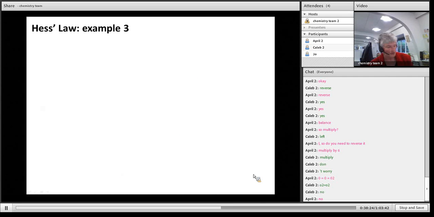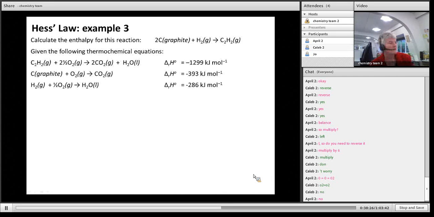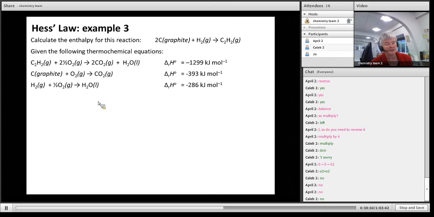Okay, so here's another one. So calculate the enthalpy of this reaction. This is to make ethine, and I've given you these reactions. Now, are these all heats of formation? In other words, I've got one substance on the right hand side and only elements on the left hand side.